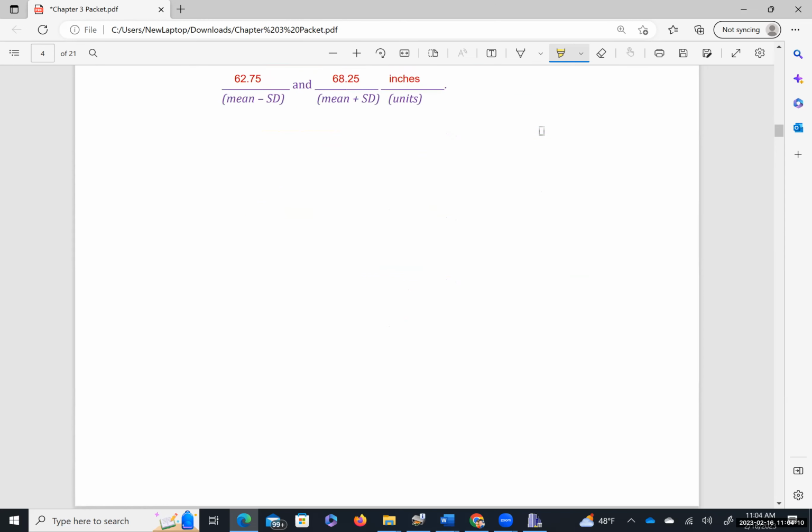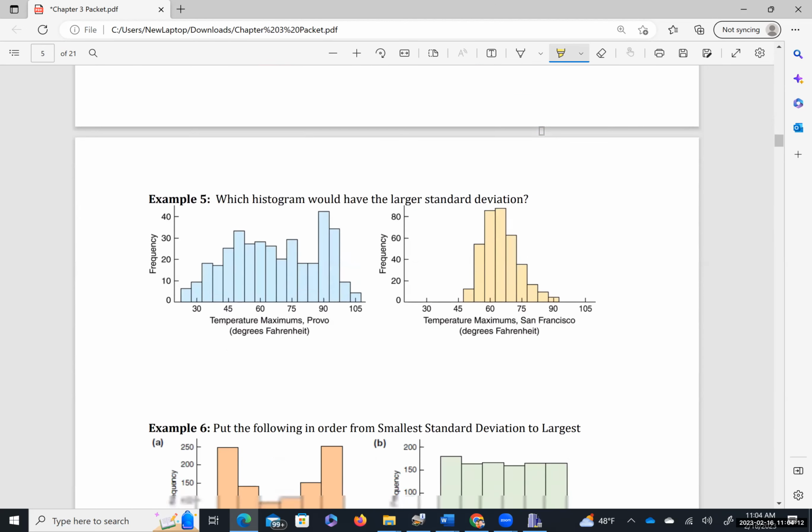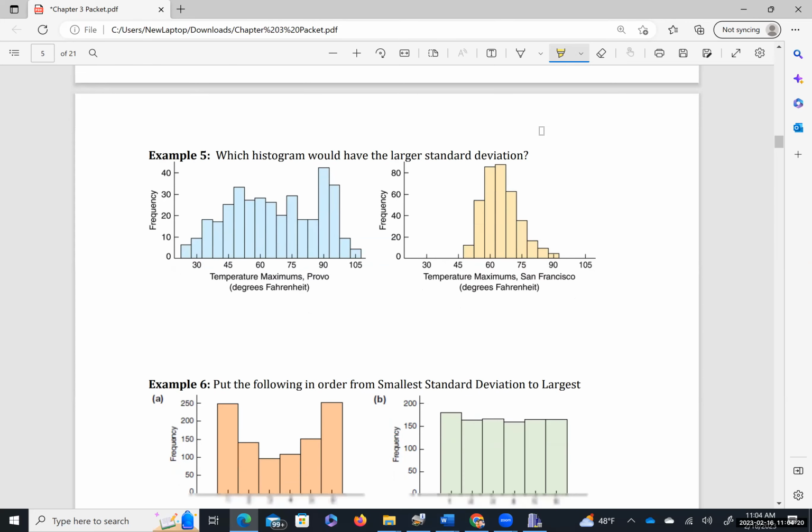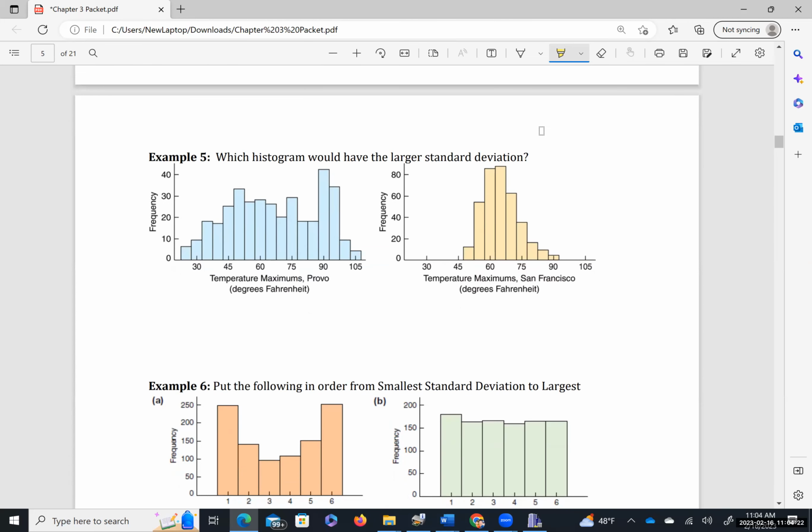Okay, now we move to example number 5 and try to figure out which histogram. These are all histograms, okay? To remind everyone who is still trying to figure out what a histogram picture is, here are some histogram examples we can look at.